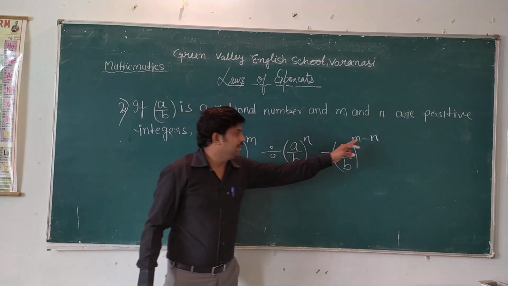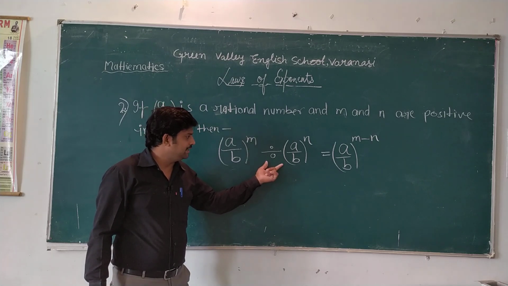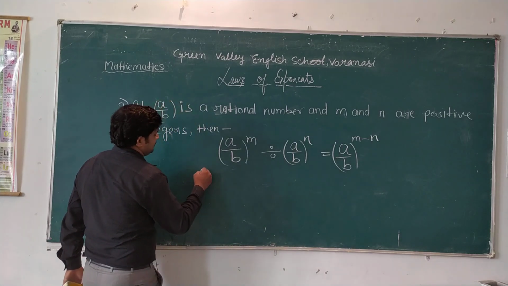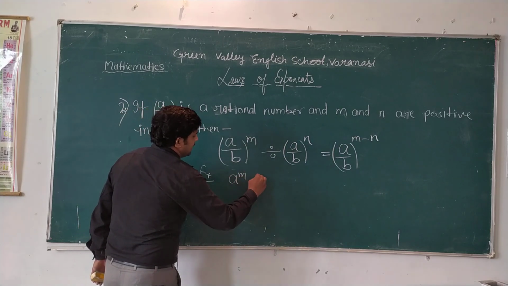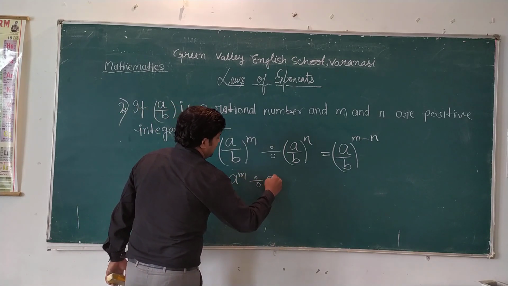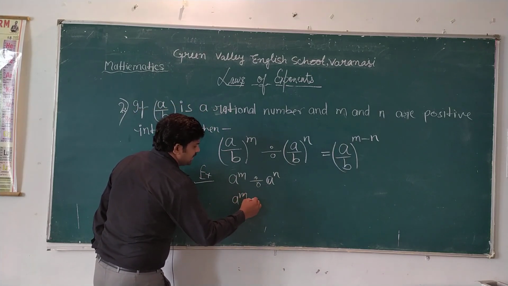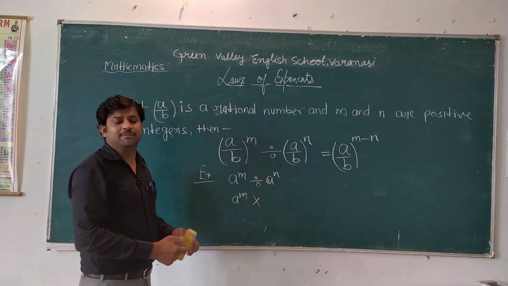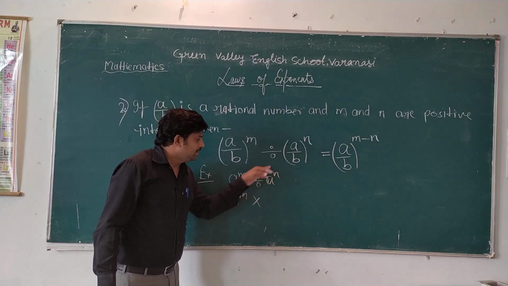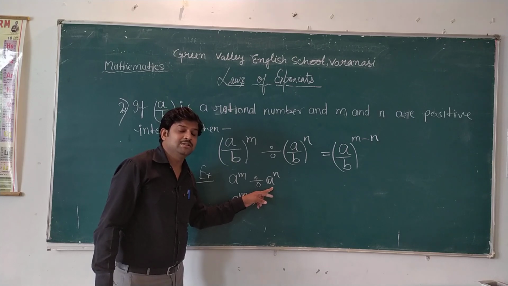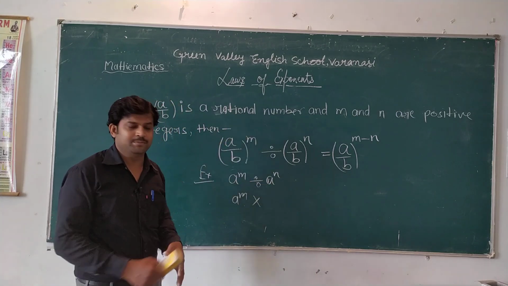Why do we write minus here? Because there is a division sign. Let us understand this through an example. Suppose we write a^m divided by a^n. Here is the division symbol, but when we convert it into multiplication, the divisor is converted into the reciprocal of the given number.